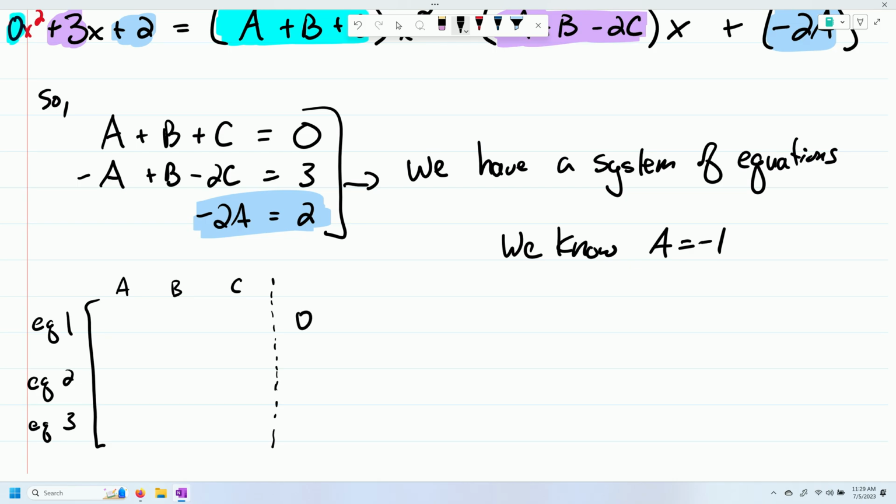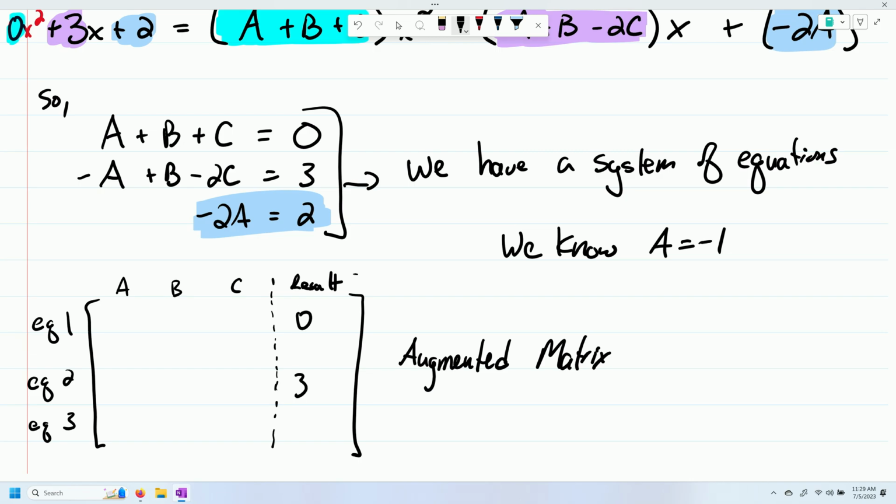But this is called, hold on one second, let me write the word result. This is called an augmented matrix. The reason it's augmented is because we have outputs on the far right side. So the outputs are going to be 0 for equation 1, 3 for equation 2, and 2 for equation 3.